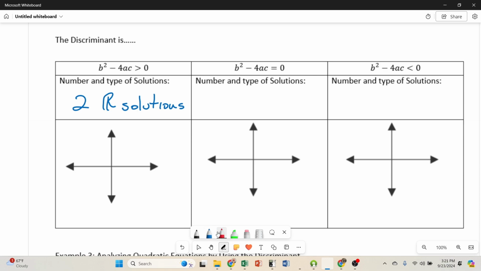And so your graph is going to look something like that. You're going to have 2 solutions. If it equals 0, you're going to have 1 real number solution.